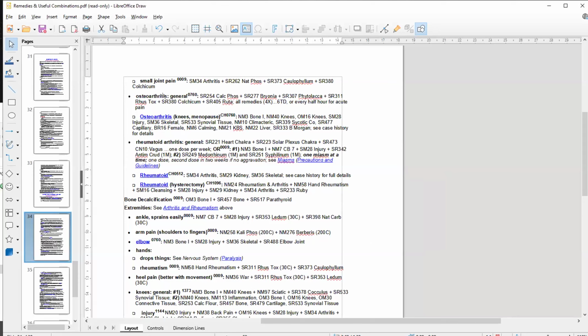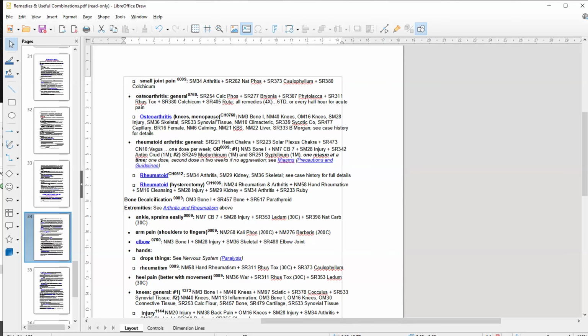Okay. So small joint. See, osteoarthritis, we have studied just now, and what are the remedies here? Knees, osteoarthritis, knees and menopause. We already studied that.